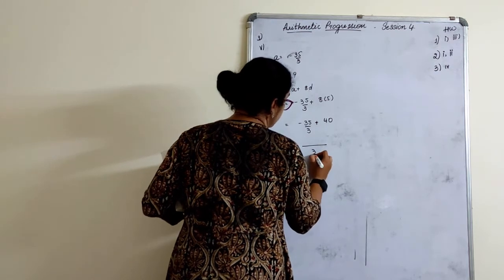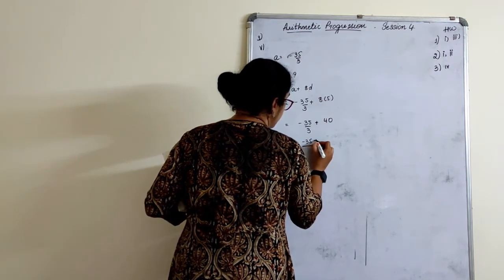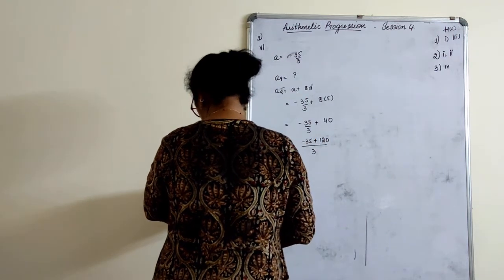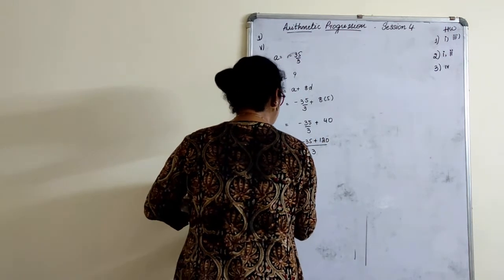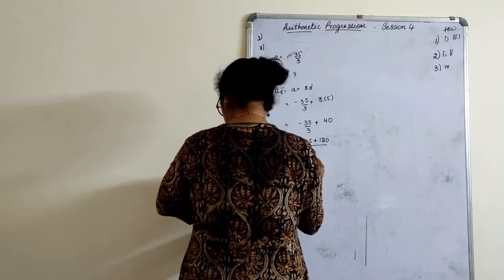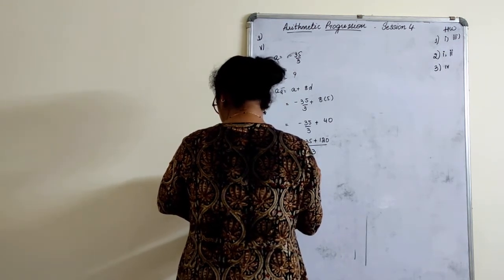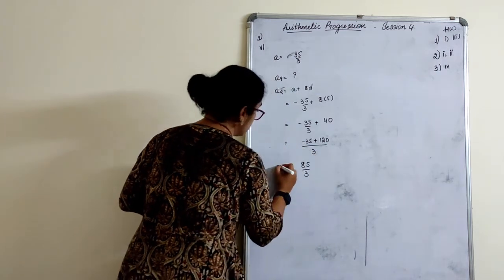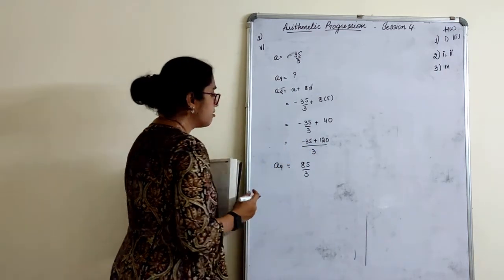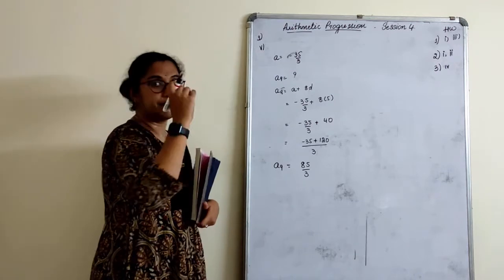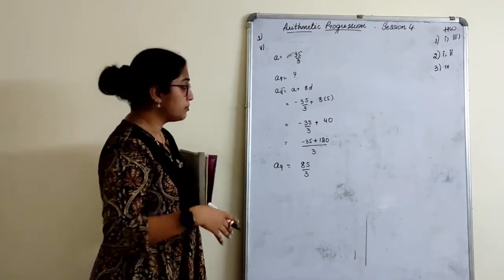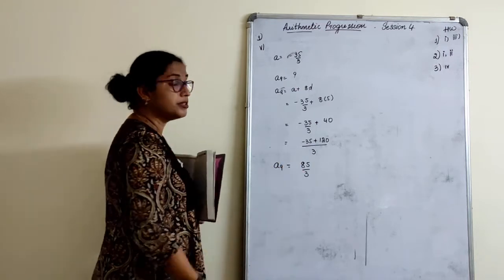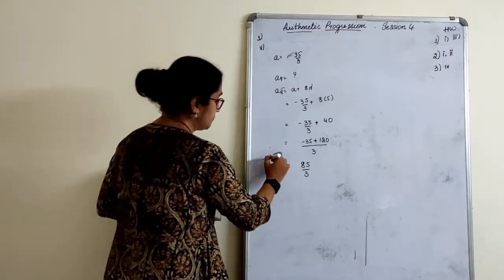Let's take 3 as LCM. Minus 35 plus 40 into 3 is 120. So minus 35 plus 120, what will you get here? 85 by 3. What is it? A9. So that means the whole AP itself is in terms of by 3, because the first term was also minus 35 by 3. Ninth term is also 85 by 3.